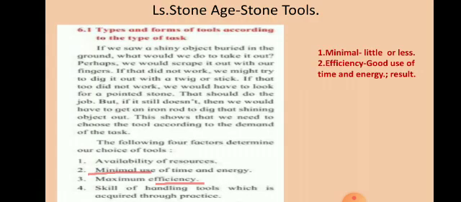So, students, in the previous live session, we went through the experiment where I showed how humans use various tools according to the availability of resources and the need, or the objective at that time.